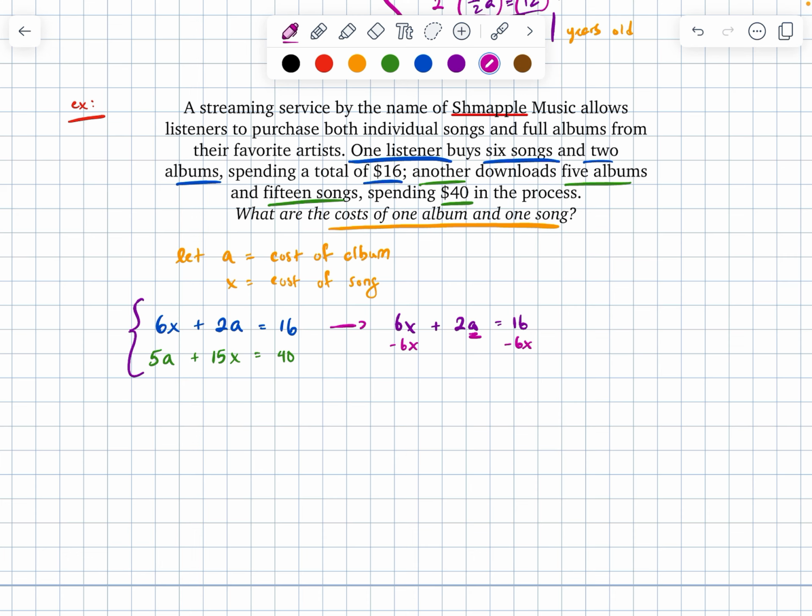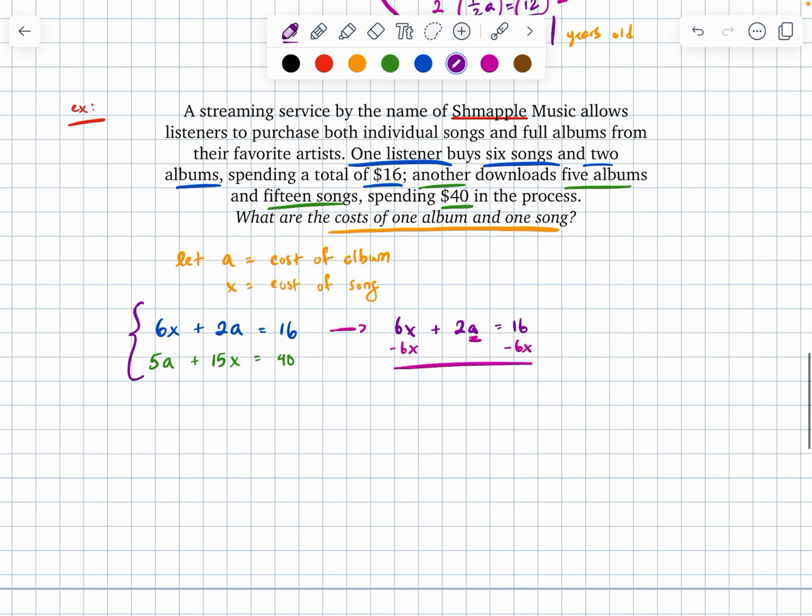So let me subtract 6x from both sides. That tells me that 2a is equal to 16 minus 6x. Dividing both sides by 2 to isolate our variable a, I can now find that a is equal to 8 minus 3x.